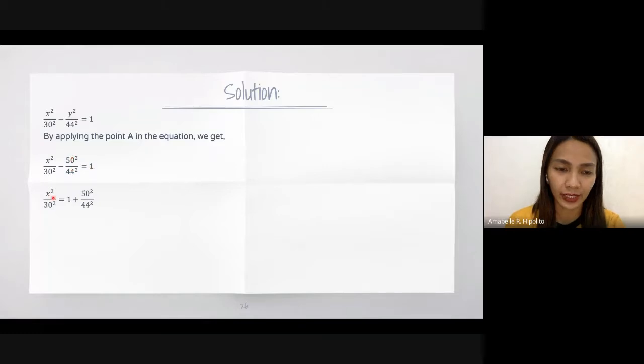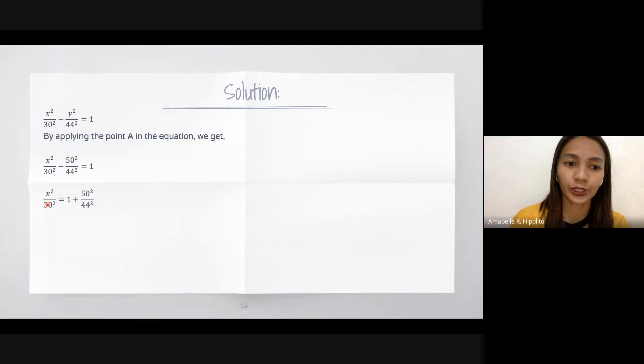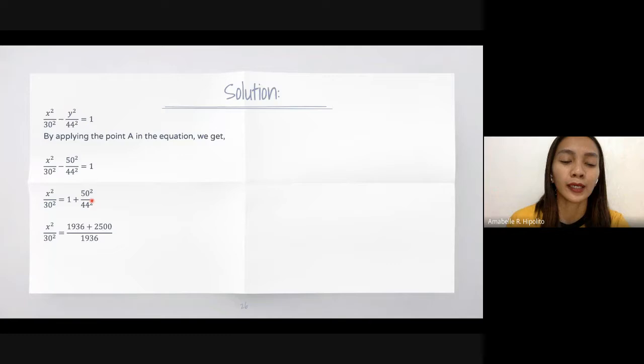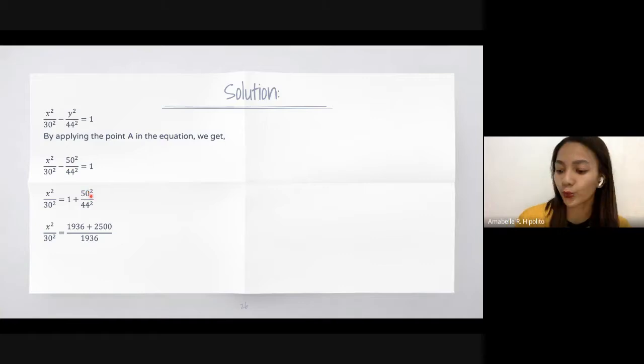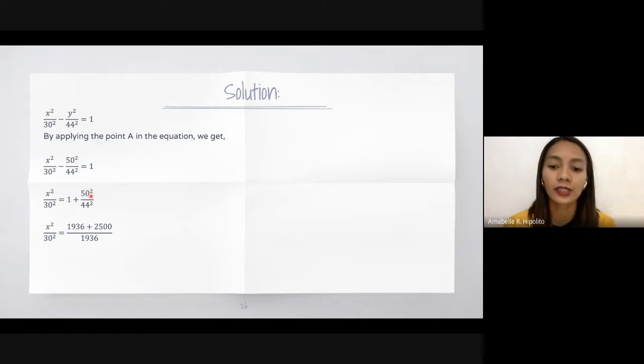So, it becomes x squared all over 30 squared is equal to 1 plus 50 squared all over 44 squared. And then, let us expand. So, we have 1 plus 50 squared all over 44 squared. We all know that 50 squared is 2,500. Okay? So, we looked for the LCD here, and the LCD of that is 1,936.